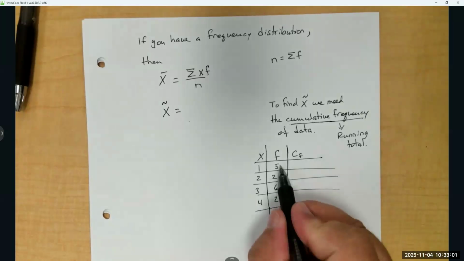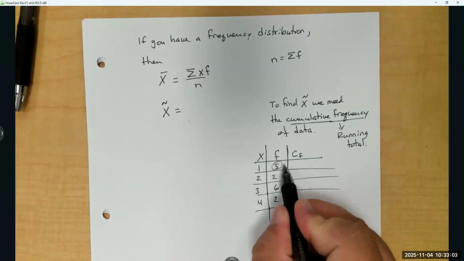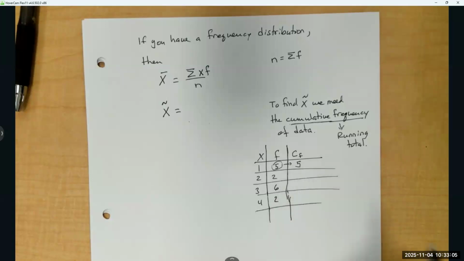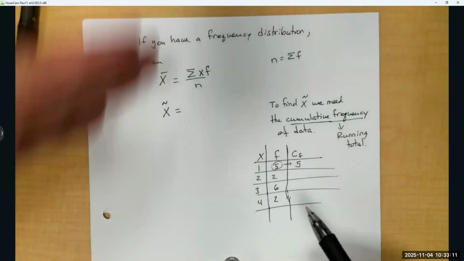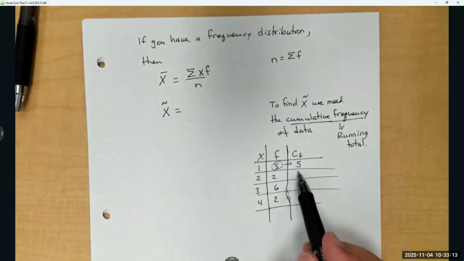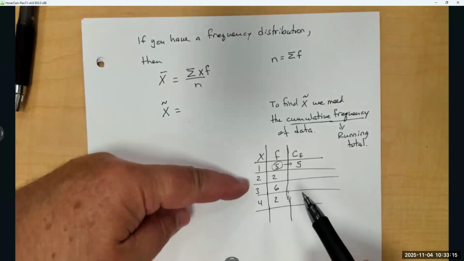So for the cumulative frequency, begin with the first set. That one just comes over, so it's 5. What we're looking at is everything from 1 and below. How many of them are there? There are 5. How many of them are there from 2 below?